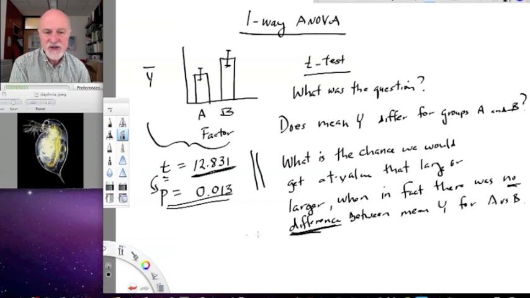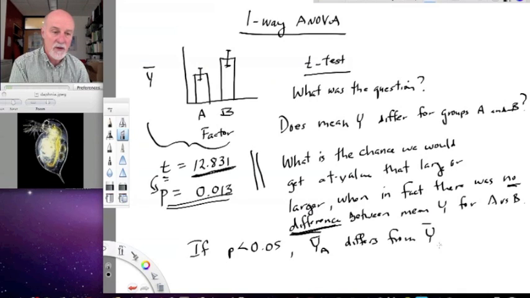So, in general, we say if p is less than 0.05, we say y bar A differs from y bar B. That is, the two means do in fact differ.